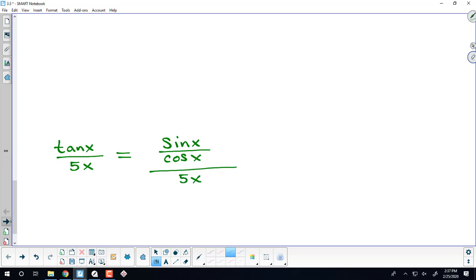And so that simply becomes the sine of x over cosine x, and we'll just put that 5x in the denominator. Okay.